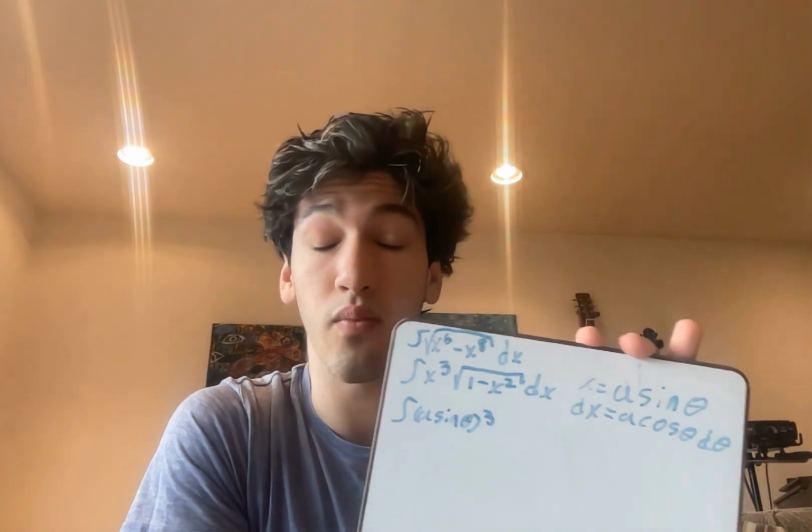The square root of 1 minus x squared: 1 we could rewrite as cosine squared plus sine squared, minus x squared becomes sine squared, so cosine squared plus sine squared minus sine squared, the sine squareds cancel out, and we're left with a cosine squared term.